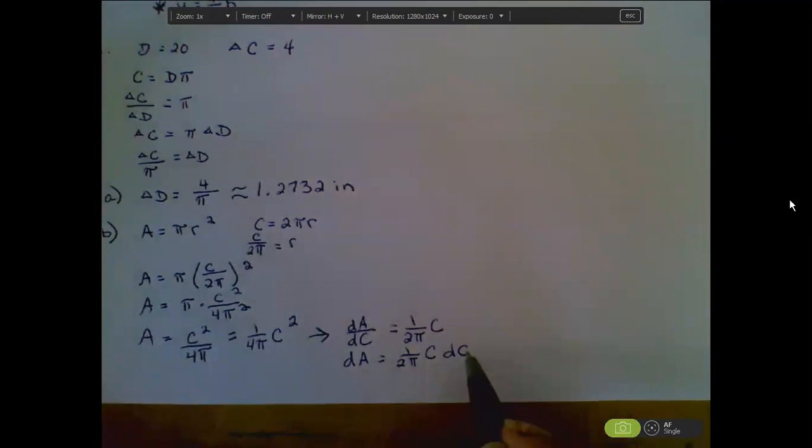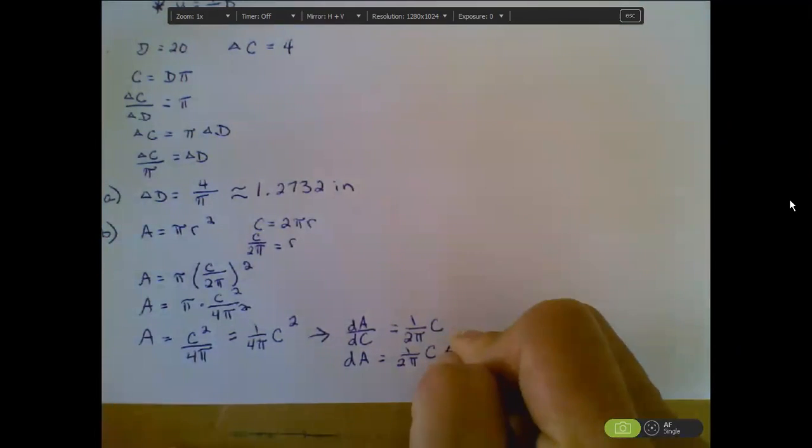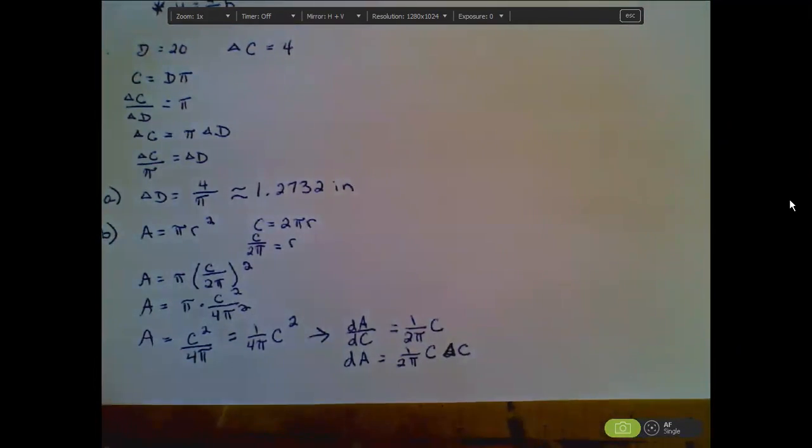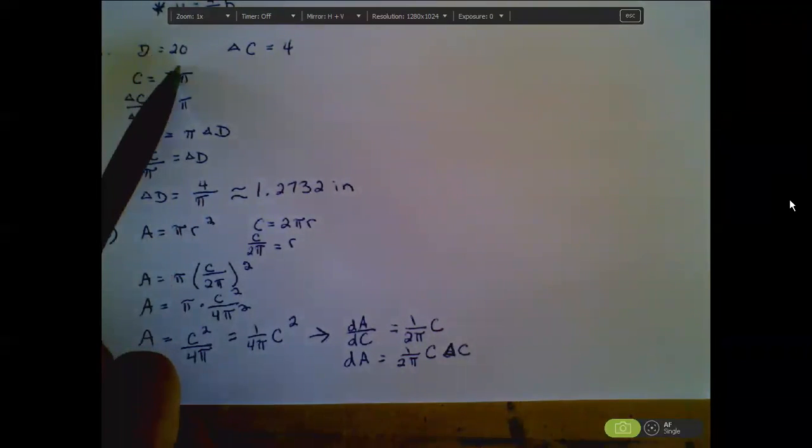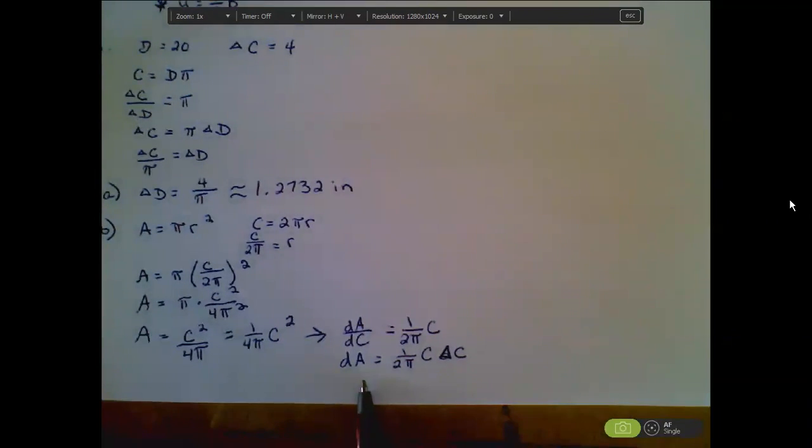Instead of dC, I could have used delta C there. And so even though the change in circumference didn't depend on the original diameter, the change in area does depend on C times delta C. I don't have a value of C to put into this formula.